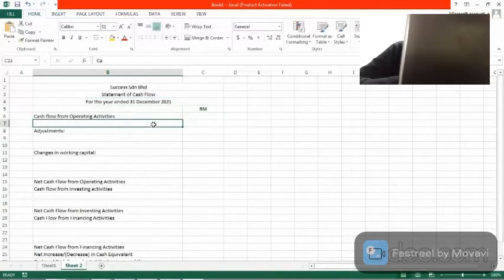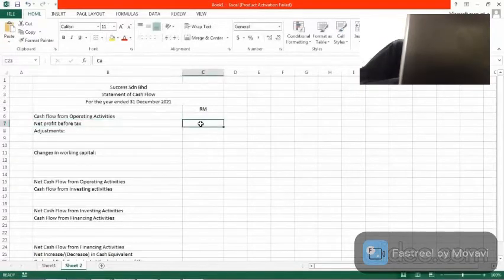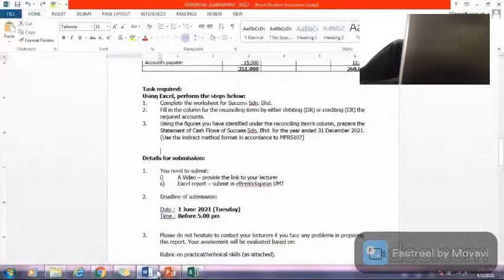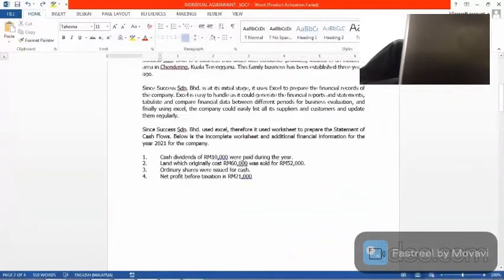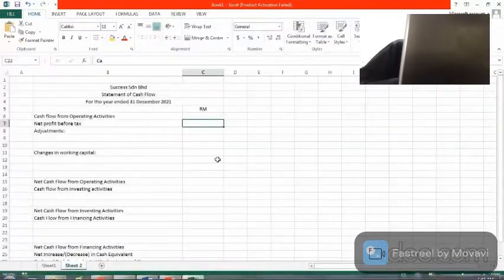In the statement of cash flow, there are 3 groups of activities, which are operating activities, investing, and financing. And now we will start with the first activity, which is operating activities. So it begins with net profit before tax. We can simply get the amount from the additional information given, 21,000.